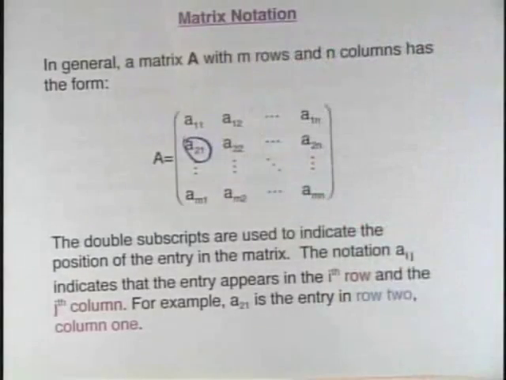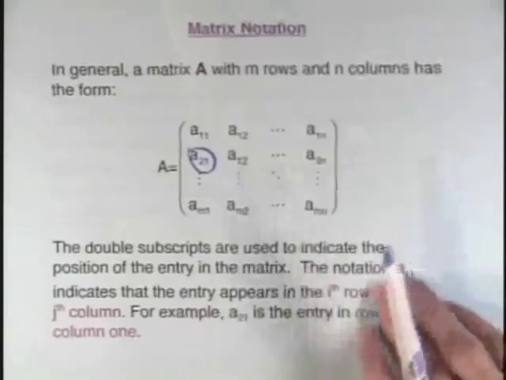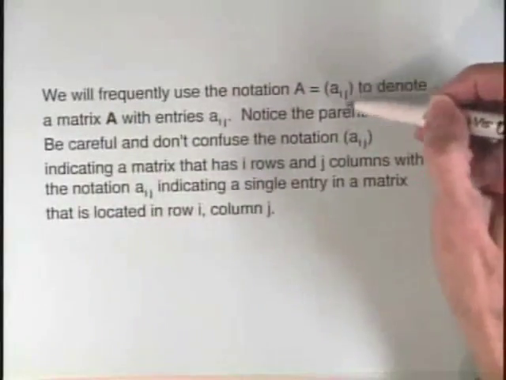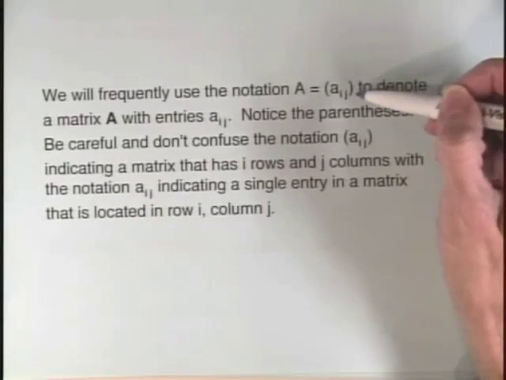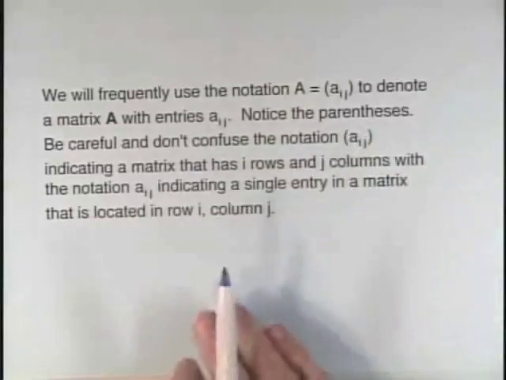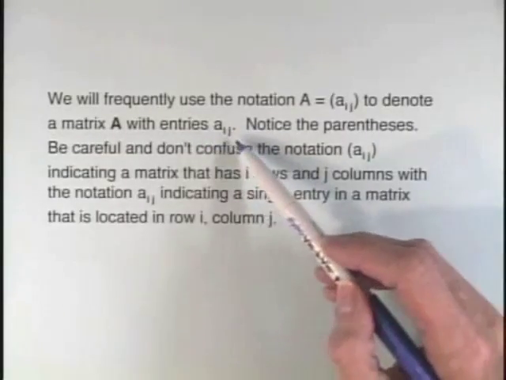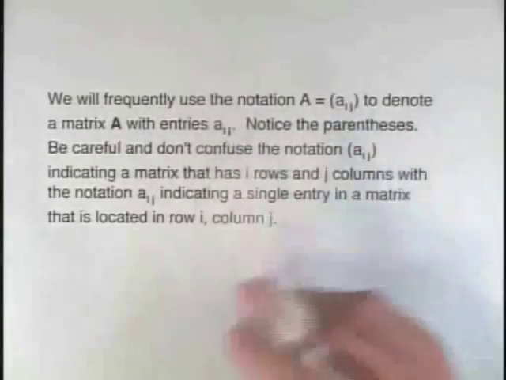We will frequently use the notation A equals parenthesis A sub ij, close parenthesis, to denote a matrix A with entries lowercase a sub ij. Notice the parentheses.